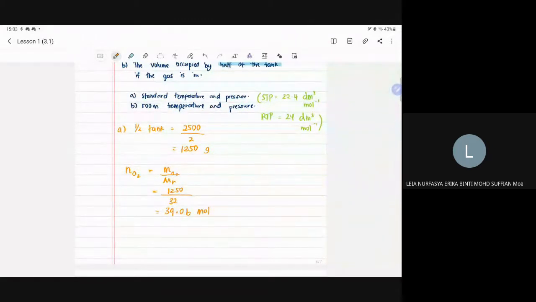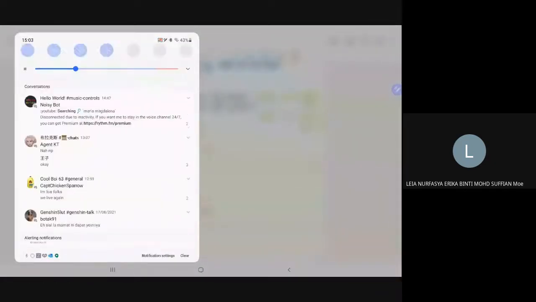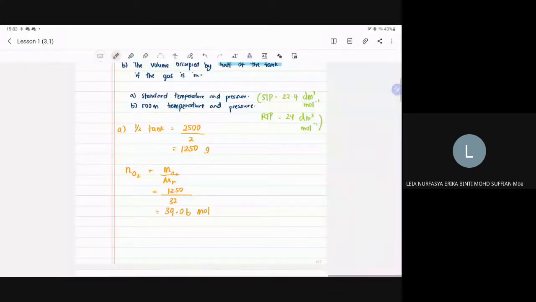Jadi jangan bundarkan awal sangat. So di sini kita bundarkan yang paling ujung sajalah, ambil 2 titik perpuluhan. Kalau kamu bundarkan awal, jawapan final dia akan lari jauh nanti.